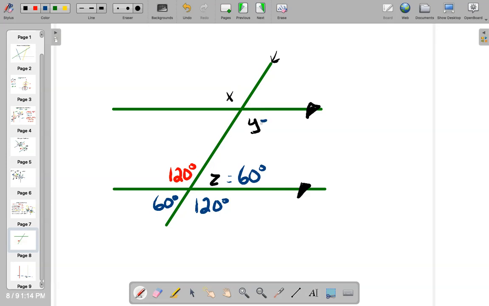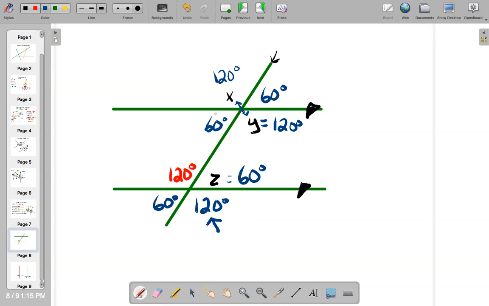Therefore, angle Y is corresponding with this angle right here, meaning that that has to be 120 degrees. Angle X is actually vertical although it's also corresponding with the red angle in the bottom left, meaning that has to also be 120 degrees, meaning each of these pieces have to be 60 in order for this to work.